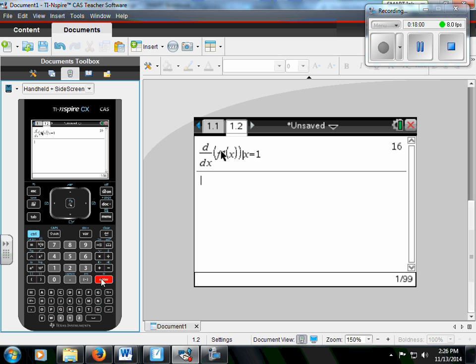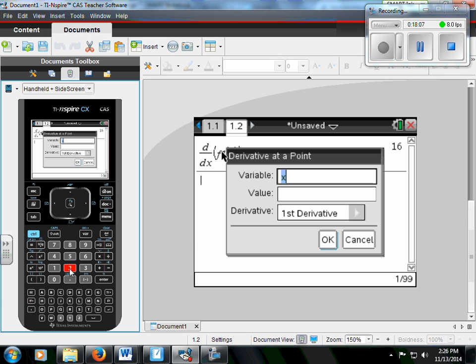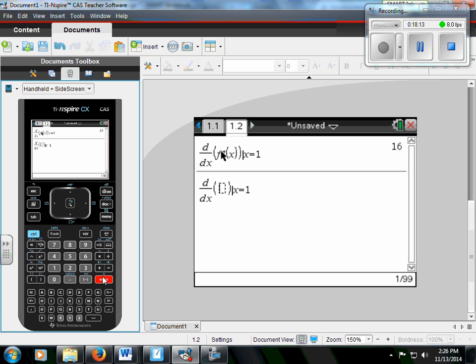You don't have to use the graphing menu to do this. You could run through the calculus menu, choose derivative at a point, variable x, value 1, and then just type in manually, what was it, 7x squared minus 5x plus 2.